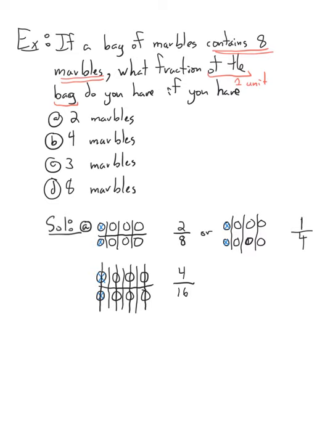And again, if you wanted to, well, nothing's stopping us from breaking up each marble into quarters. And then we have 32 pieces that make up a bag of 8, and we have 8 of those quarter marble pieces. Or we could break it up into sixteenths, or whatever.